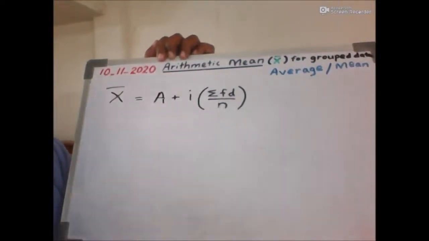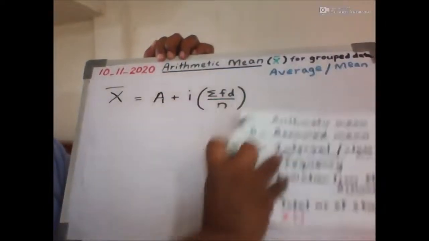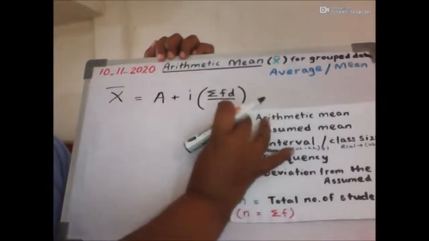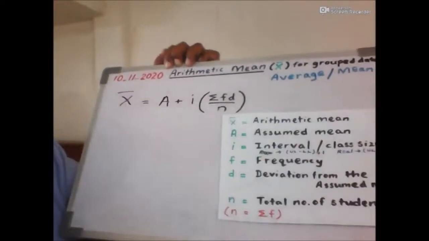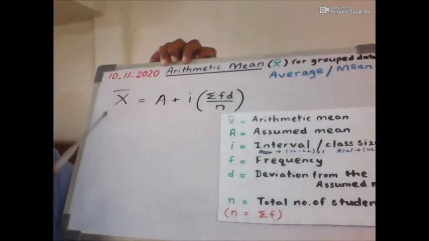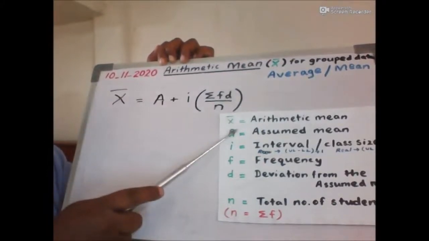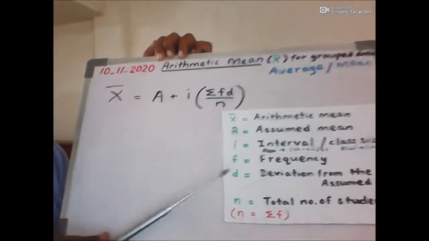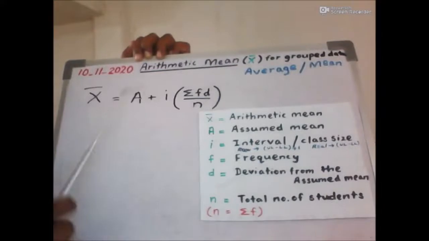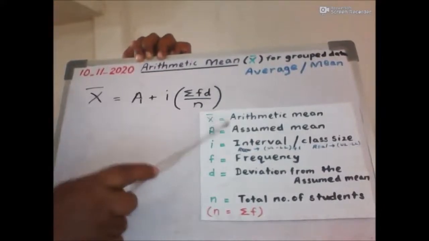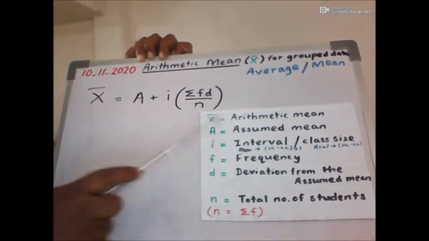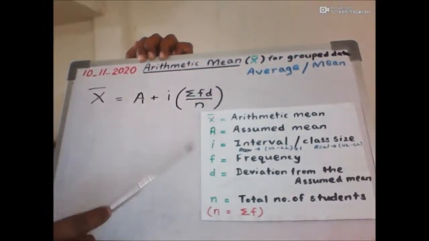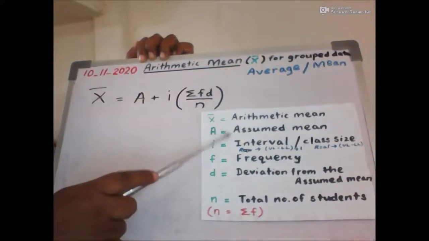Now, what are these values here? X bar is the arithmetic mean, right? A is the assumed mean. I'll teach you how to get this one, right? Assumed mean in Sinhala, upakalpita madhyanya. Assumed mean, we guess.